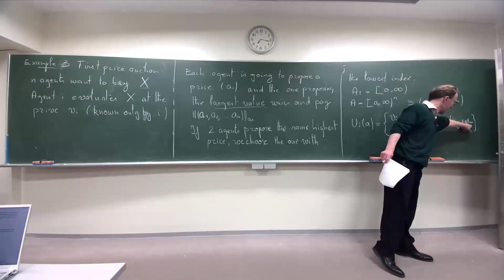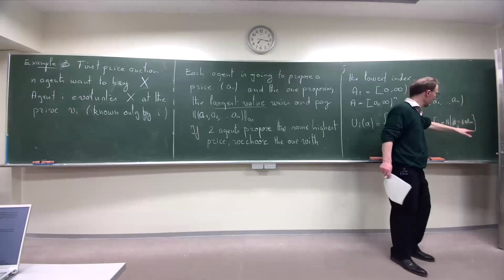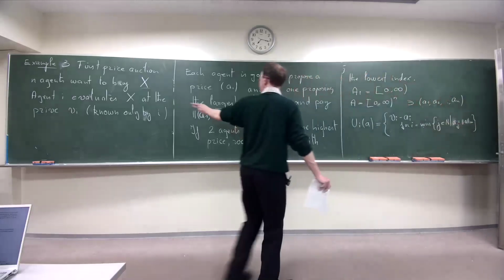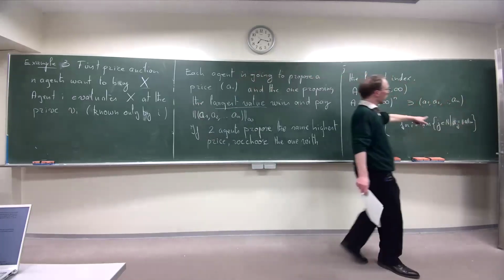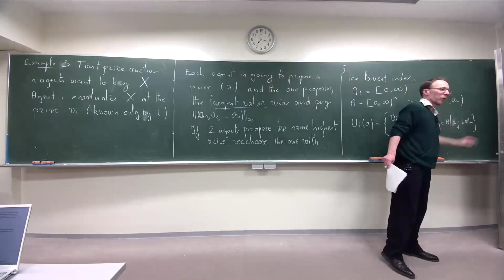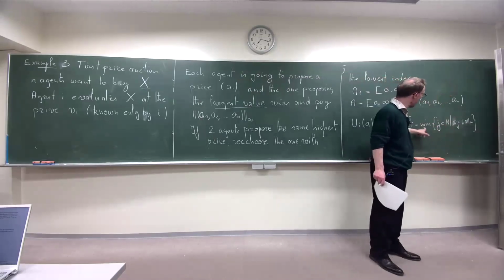As I said, we are going to take the one with the highest price. We are going to take the agent which proposes the highest price. But if there are two agents, then we take the minimal index.